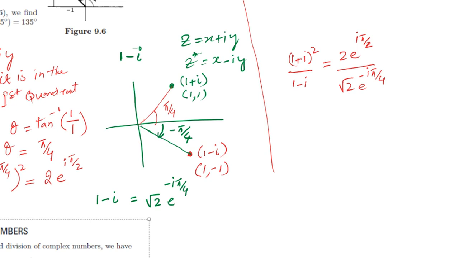If you simplify this, you get square root of 2 e to the power iota 3 pi over 4. So this is our complex number in polar representation.